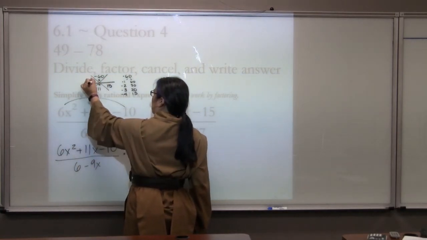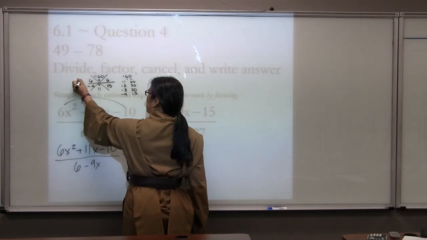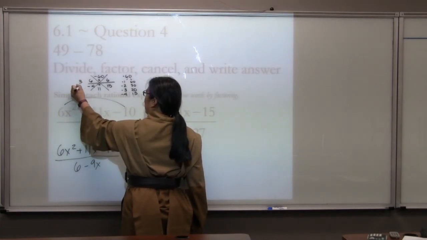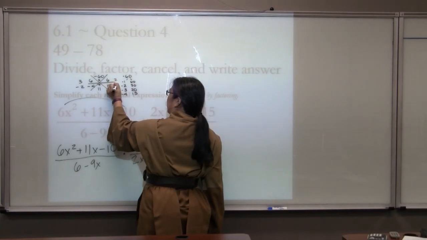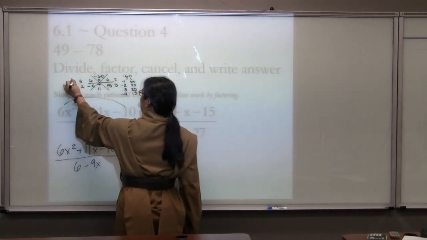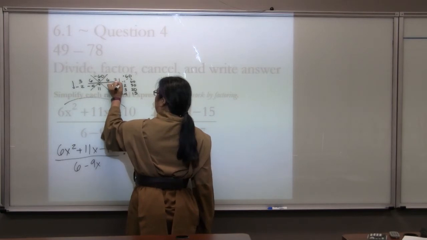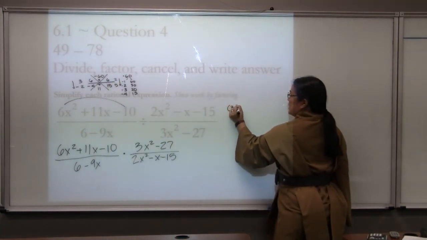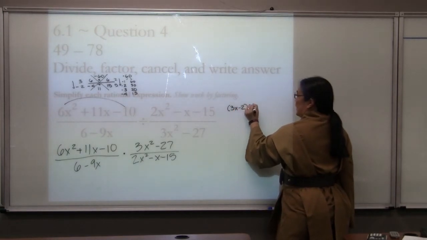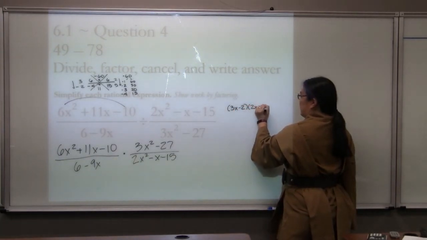And I have a 6 in the numerator. I want to reduce. I can divide by 2. And I can divide by 3. And I want to always read these going down. So that will give me 3x minus 2 and 2x plus 5.